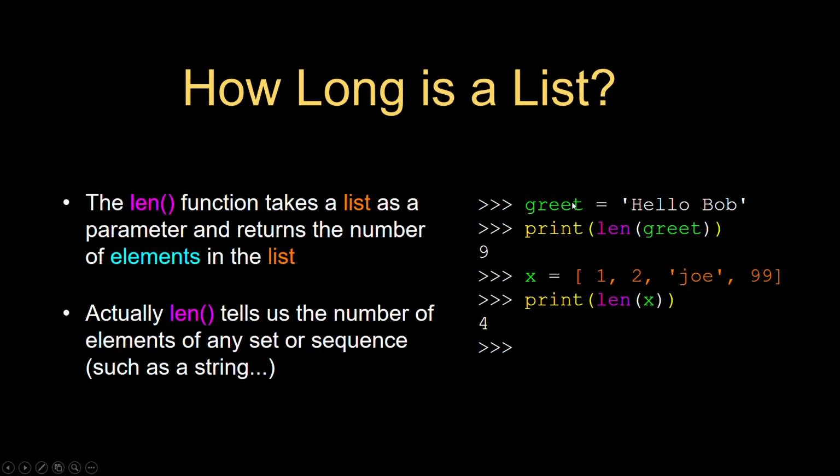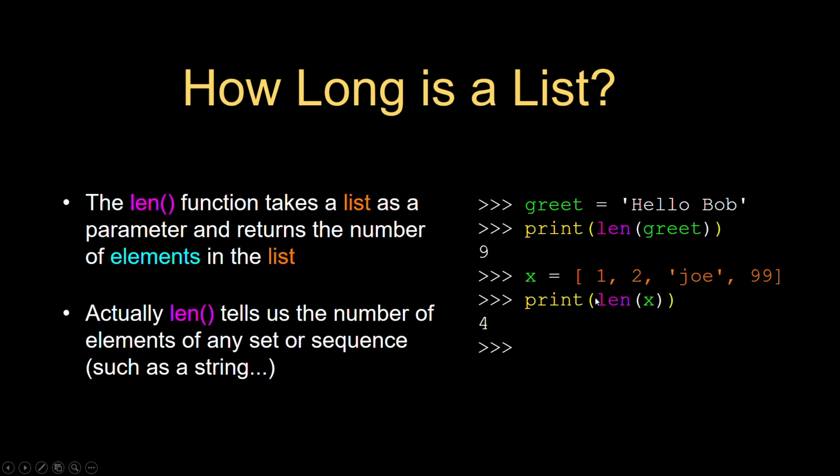So greet here is a string, and if we use the len function on this string, it will tell us the number of characters in the string, or in other words, the length of the string as a number of characters. It counts the space character as well, so there are 9 characters here. So if you print the length of greet, it gives you number 9.